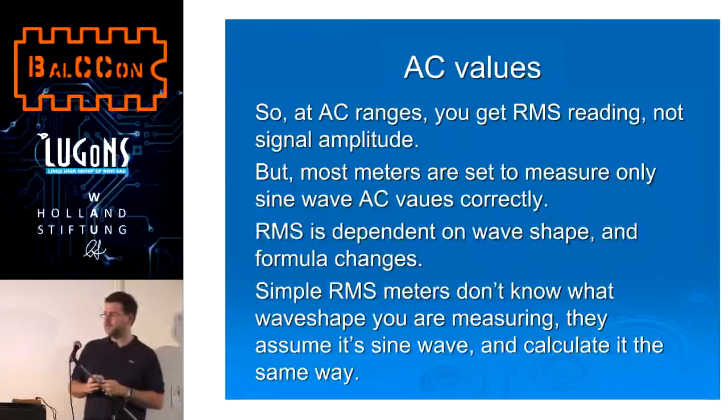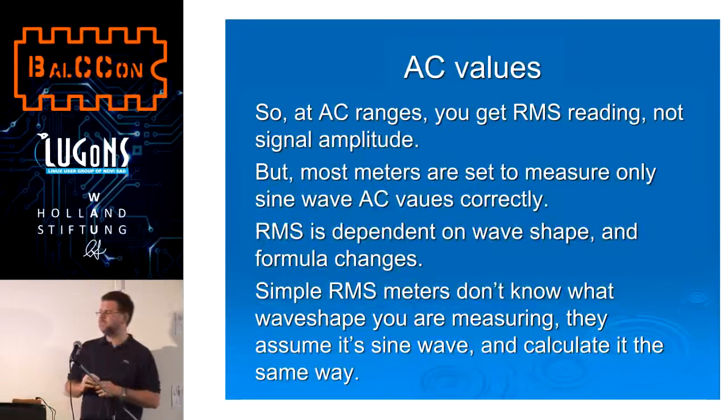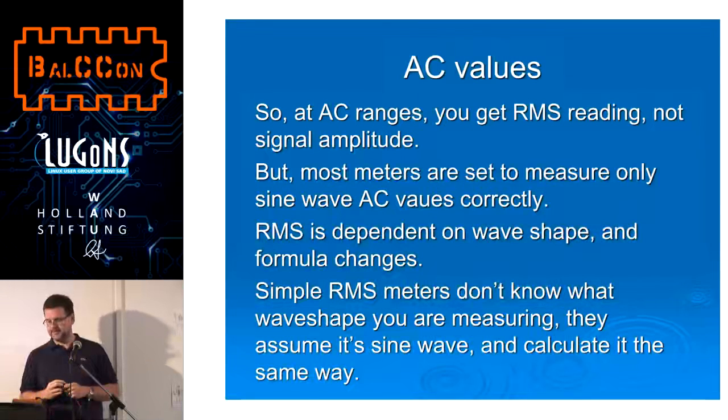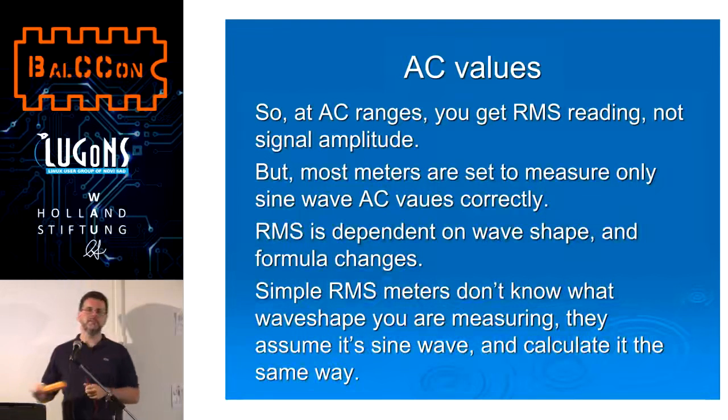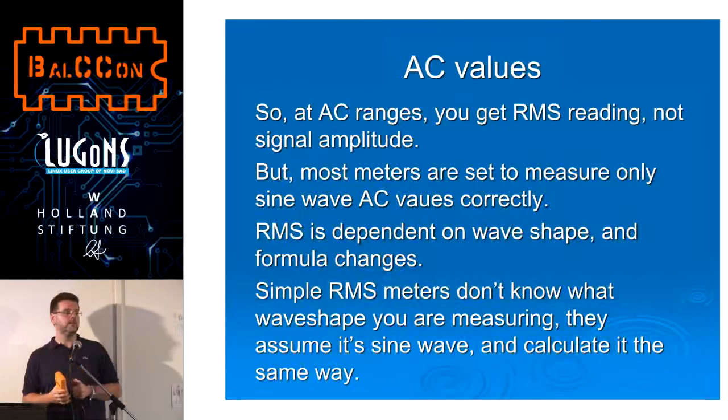You're measuring something called RMS, or root mean square. That's all you have to know. So it's a bit different than DC. This measurement is usually done just for a sine wave. Most of the cheaper multimeters can correctly measure just sine wave currents and voltages.